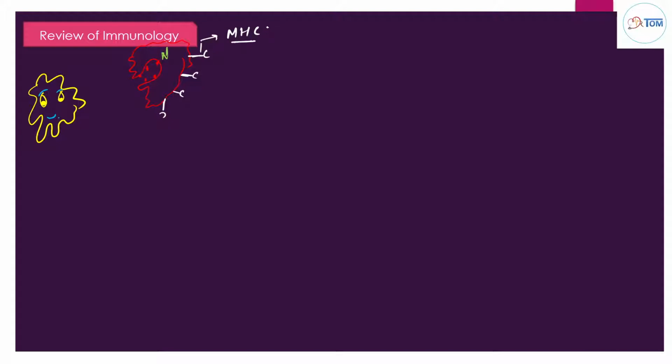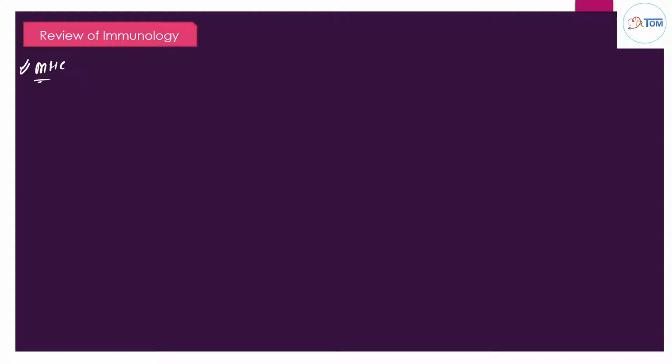Now what is this MHC1? What is the meaning of MHC? Let me write the full form for you on another page, because I am using this slide. MHC stands for major histocompatibility complex.